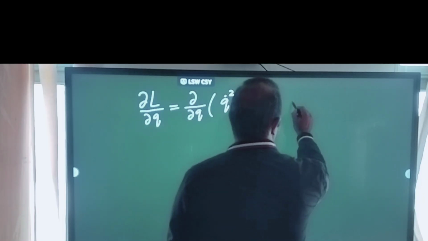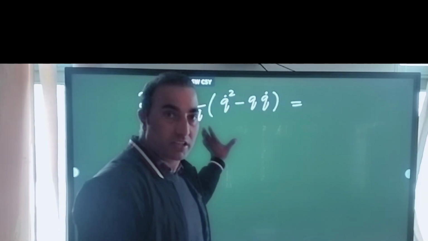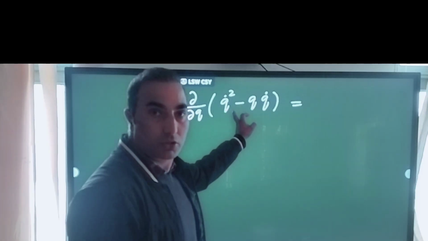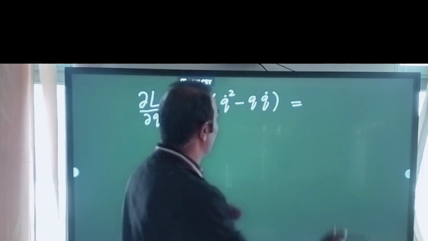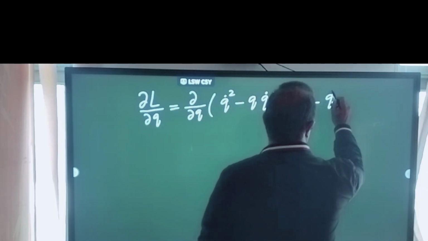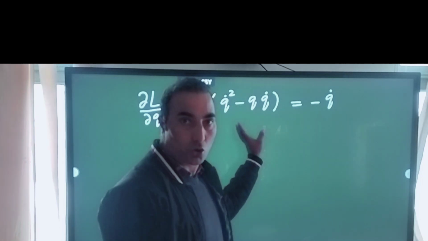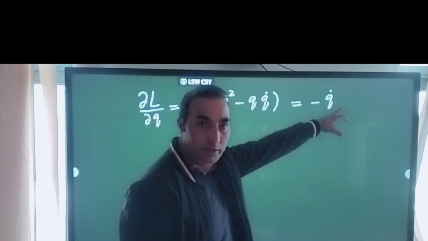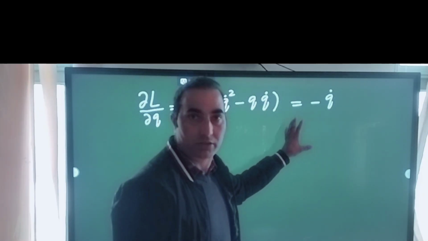So that is equal to, because I need to differentiate this term partially, right? So that means, so first term 0 आएगी, right? So this is some v square and I will get here, so that will be equal to minus q dot, because यहाँ पे मुझे differentiate करना है partially with respect to q, so that is equal to minus q dot. Right? Now let us use now these values in our Lagrangian equation of motion.